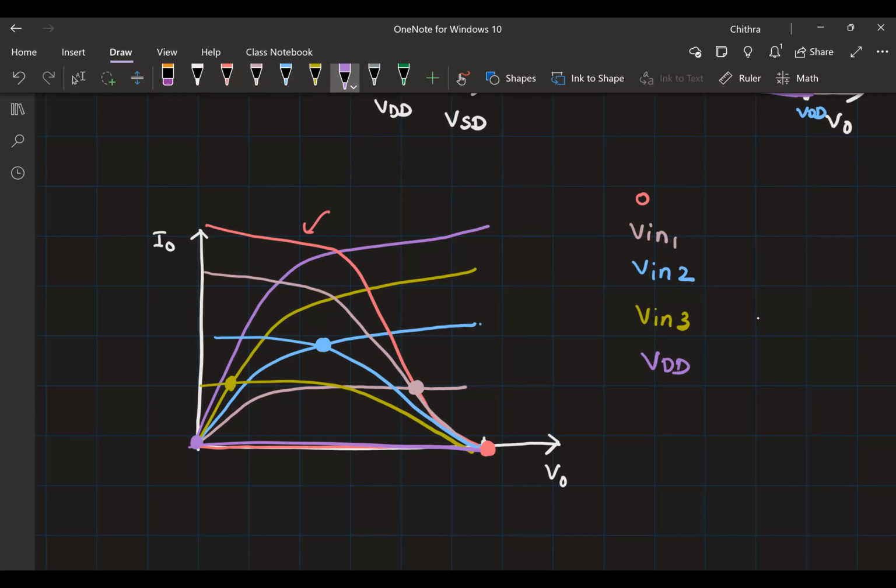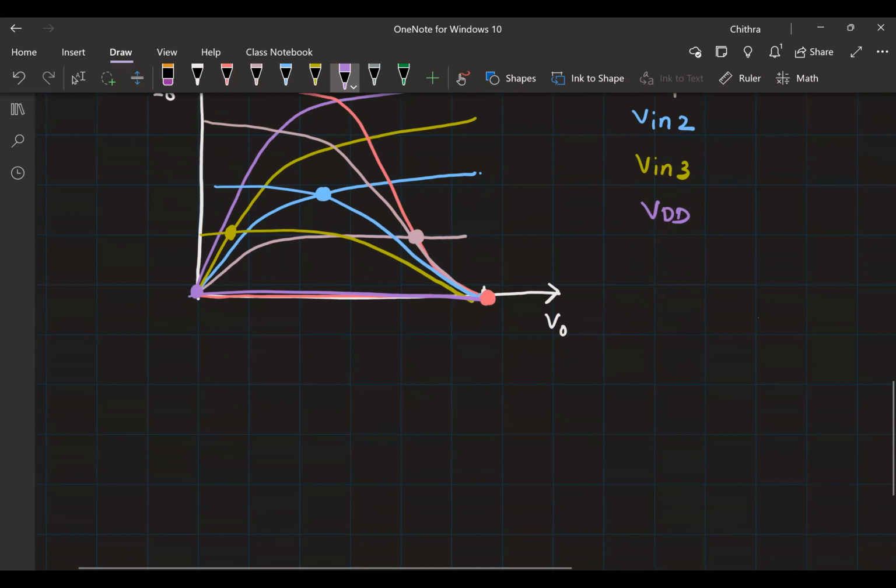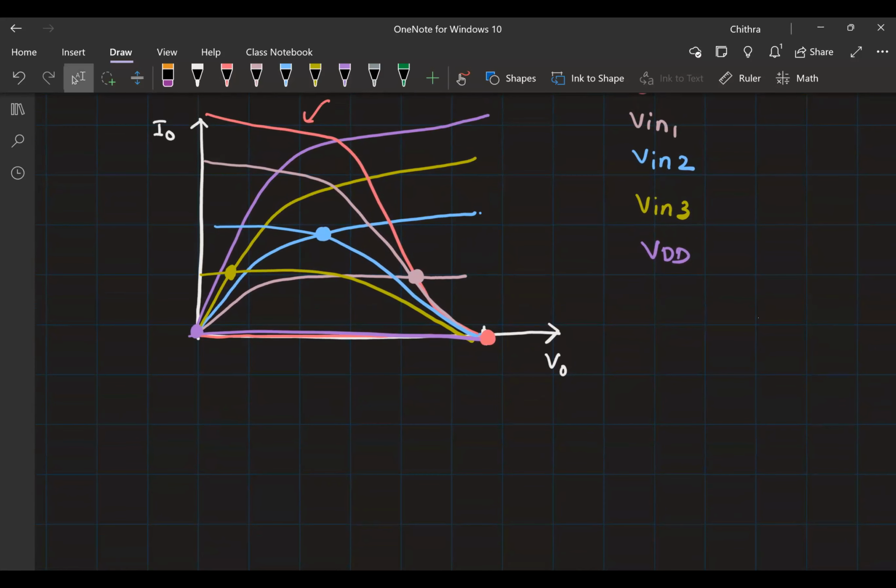And finally, the violet curves are intersecting here. Okay. So quickly looking at this, can you tell me what is I naught when Vin is equal to VDD? So when Vin is equal to VDD, corresponding to the violet curve, the intersection corresponds to I naught equal to 0. So I naught is equal to 0.